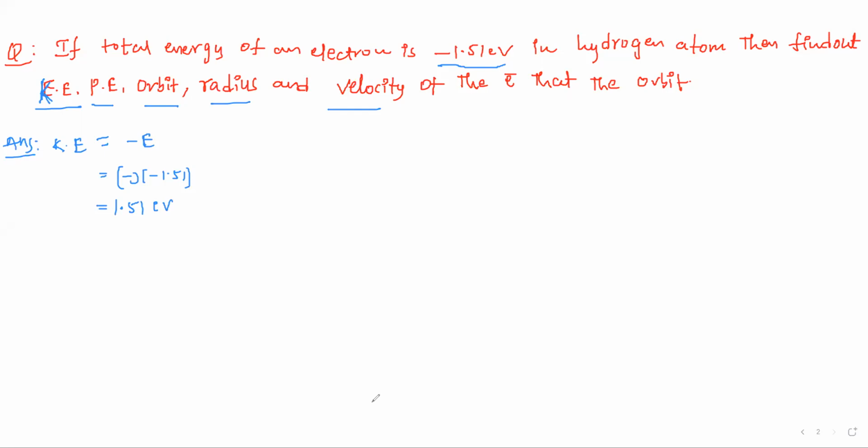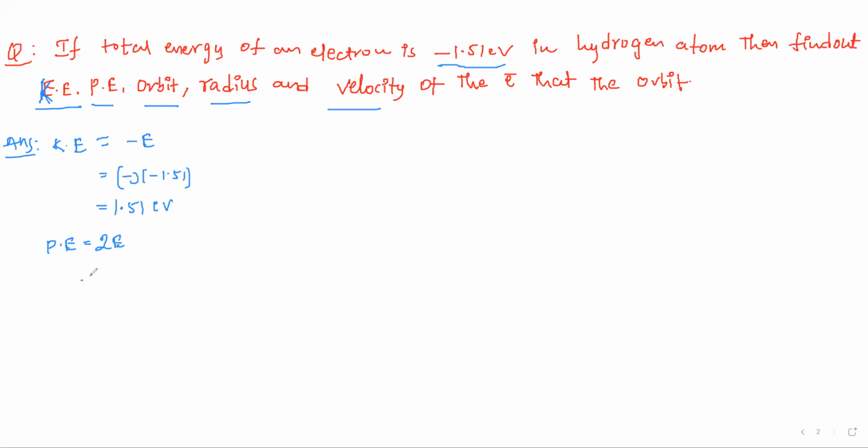And next, the potential energy. The potential energy equals minus 2 into KE, or the potential energy equals 2 into E. So 2 into minus 1.51.